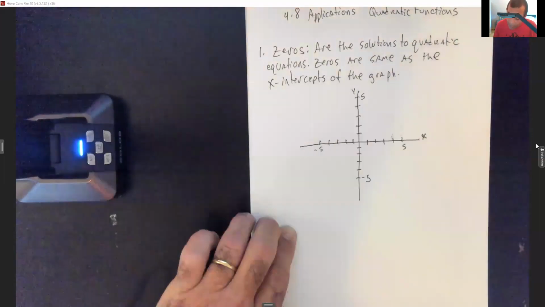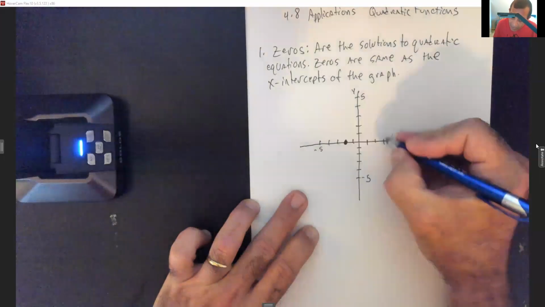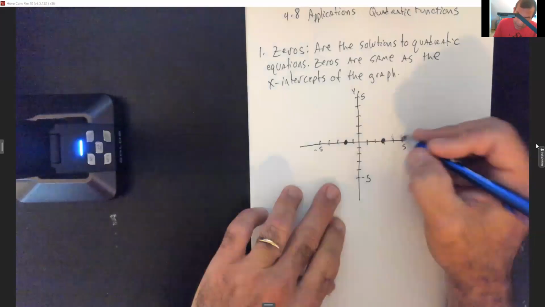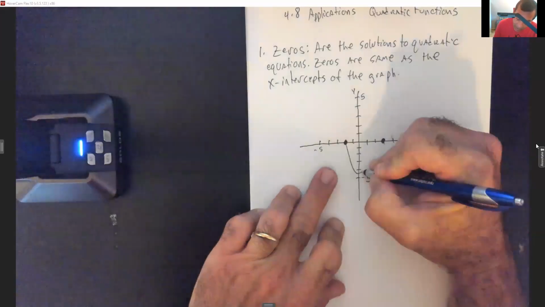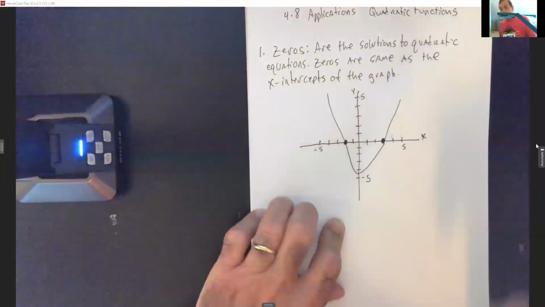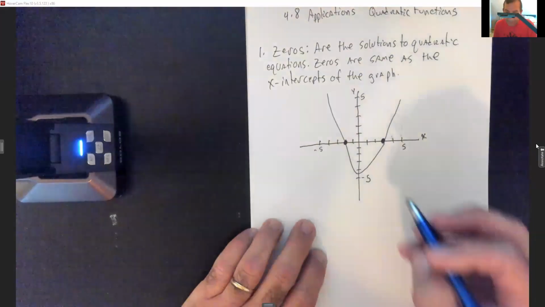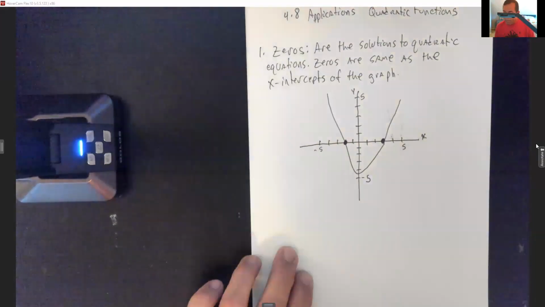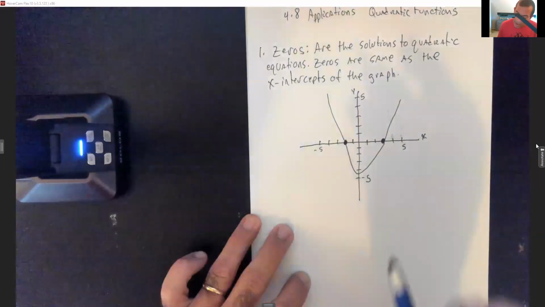All right, so I'm going to have a parabola that's crossing right here on the x-axis and right here on the x-axis. And it's just going to come down and go back up. You know, this you can put on -5. It's not really important.